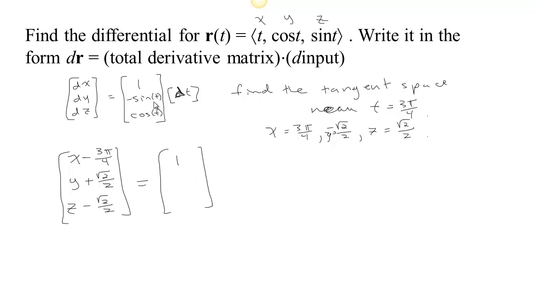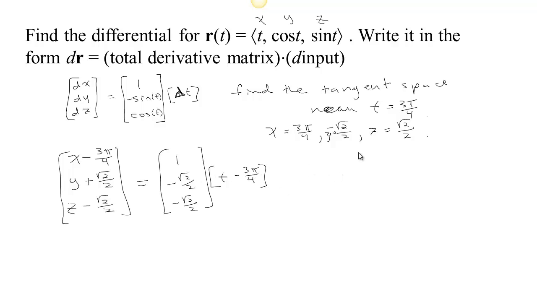The sine of 3 pi fourths is root 2 over 2, so this is negative root 2 over 2. And the cosine of 3 pi fourths is negative root 2 over 2. So these are the values of my slope near 3 pi fourths. And then change in t would just be how much t moves away from that center point, 3 pi fourths.